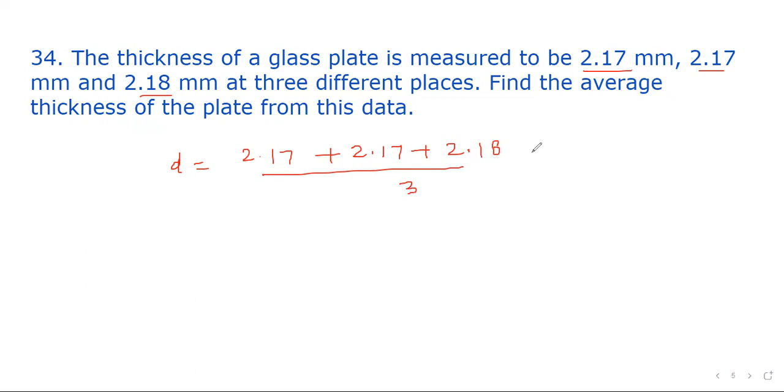So this will become 2.1733. Since there are 3 significant digits in the measurement, the least number of significant digits is 3. So the answer should be up to 3 significant digits. So it is 2.17.